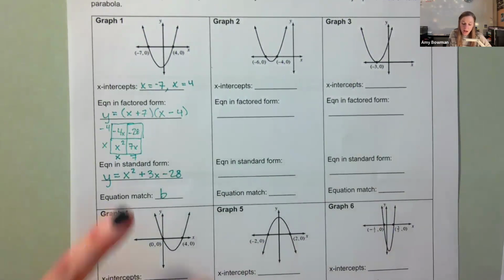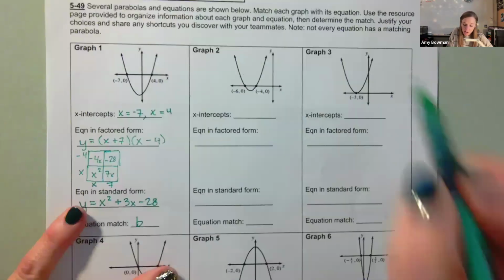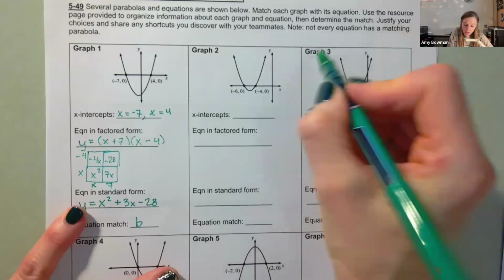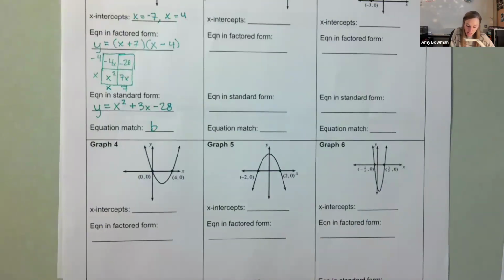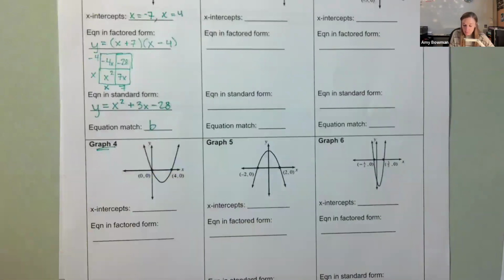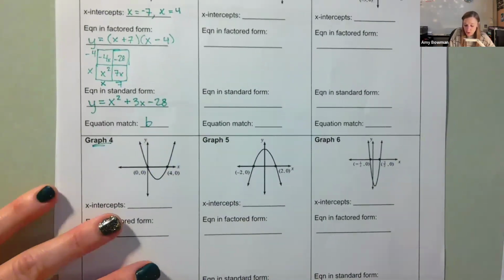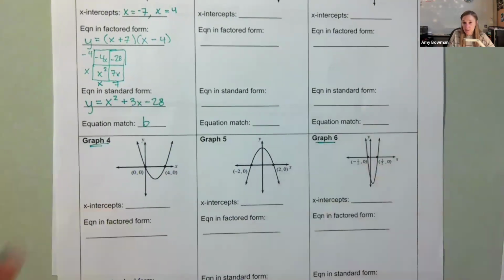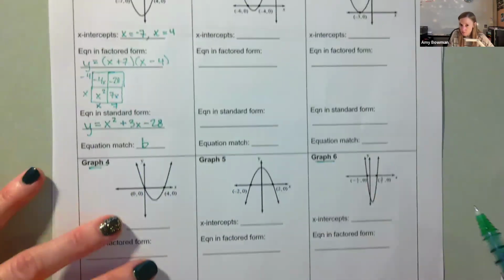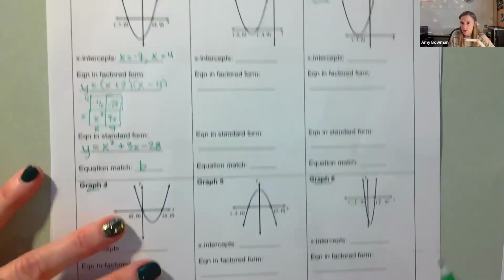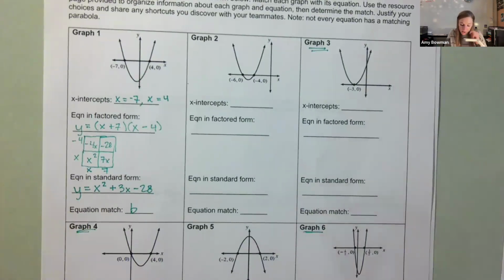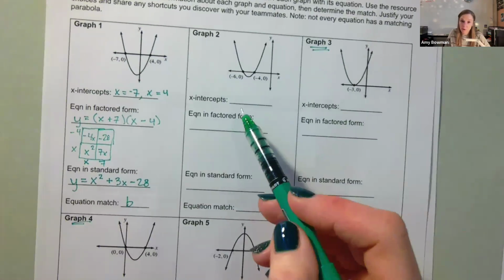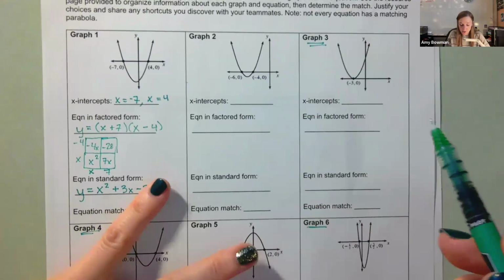I will say that with graph 3, that might be one you want to watch me do. And graph 4, and then especially graph 6. You are going to see some unique situations that we haven't talked about yet, so you're going to want to watch these few examples that I've underlined. But other than those, I would encourage you to see what you can do on your own.